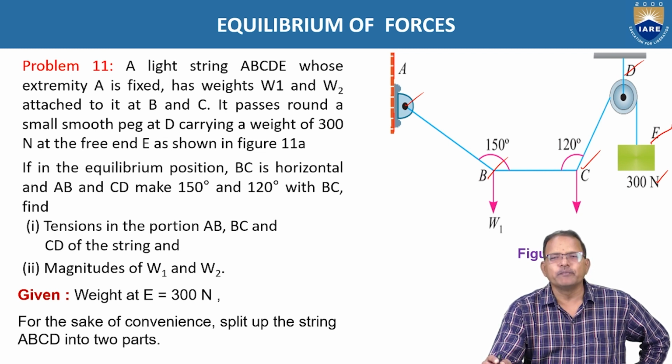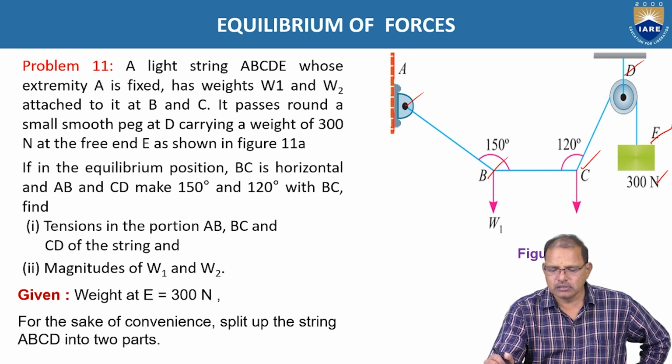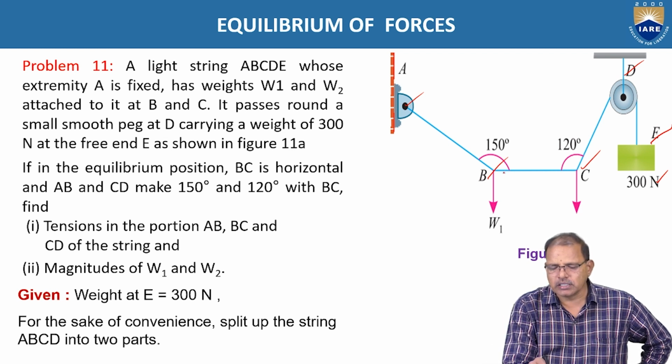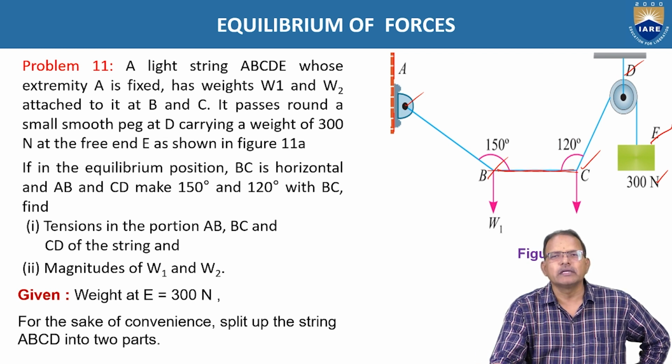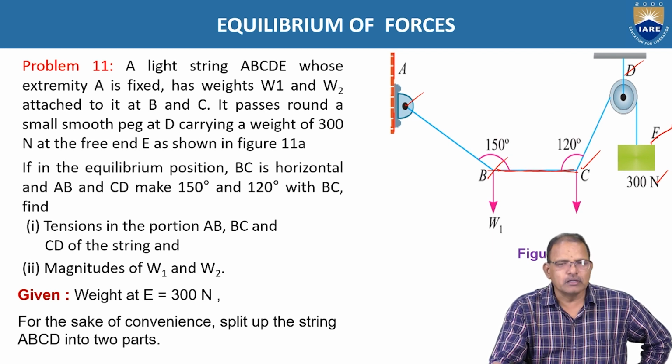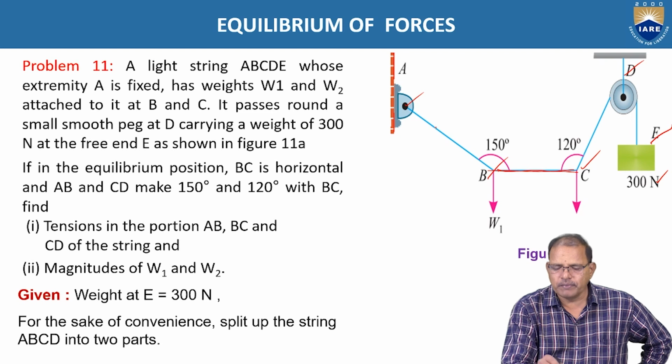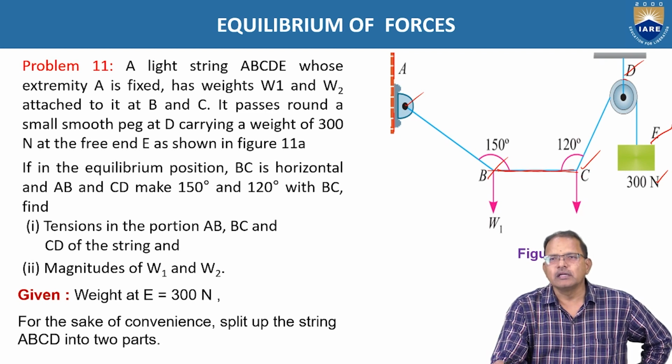If the body is in equilibrium position, BC is horizontal, and AB and CD make 150 degrees or 120 degrees with the BC. Then find the tension in the portions AB, BC and CD within the given problem.